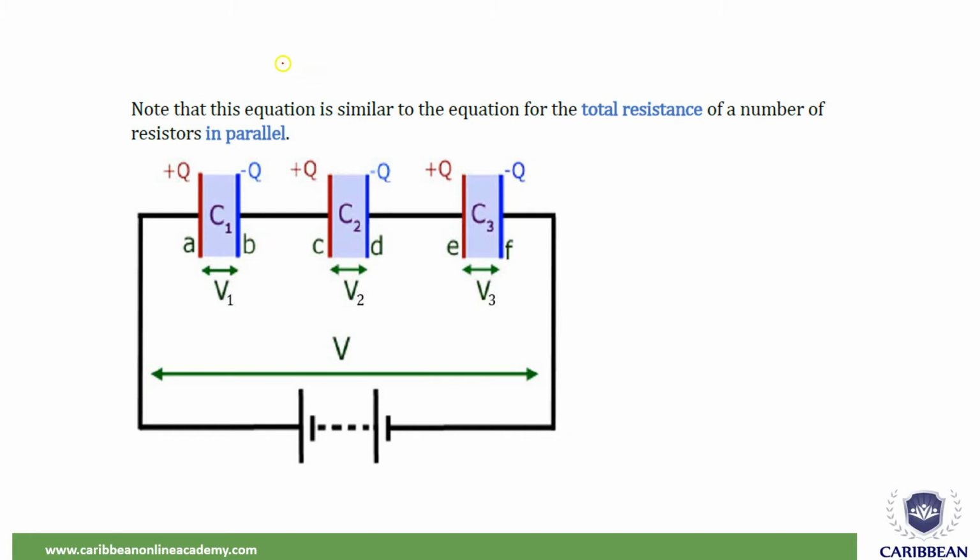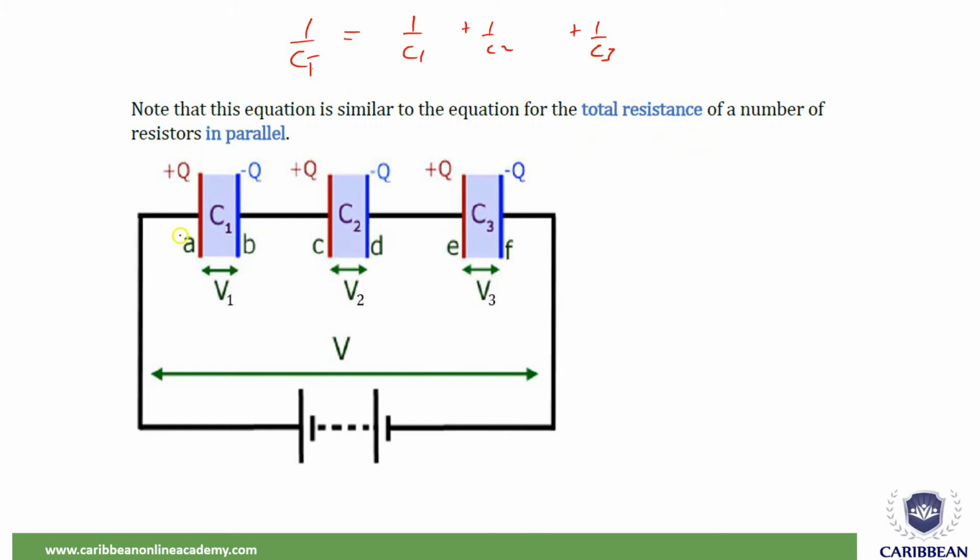That says 1 upon CT is equal to 1 upon C1 plus 1 upon C2 plus 1 upon C3. We're saying that the equation here is similar to when we're trying to find the total resistance of a number of resistors in parallel.